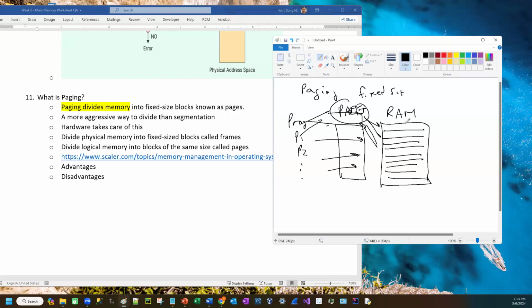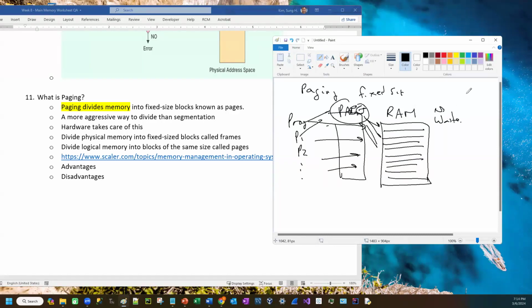So we don't have to worry so much about the RAM running out of space or what space is available. They're all even. It'll be pretty compact and there is no waste.